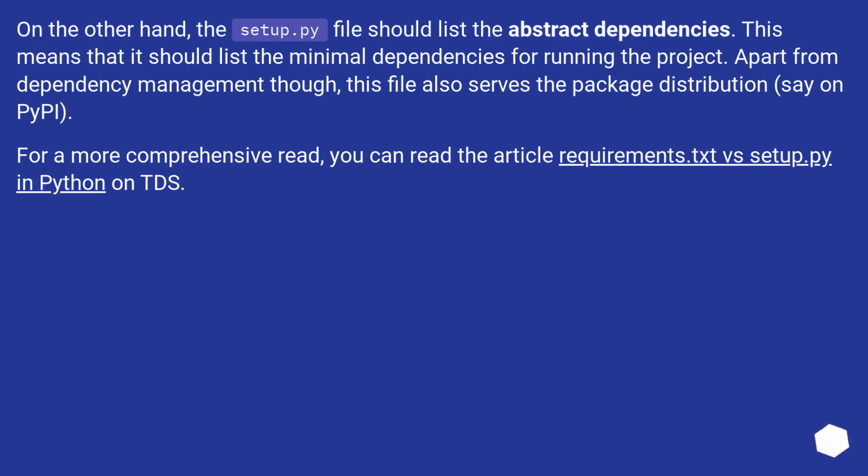This means that it should list the minimal dependencies for running the project. Apart from dependency management though, this file also serves the package distribution, say on PyPI. For a more comprehensive read, you can read the article Requirements.txt versus Setup.py in Python on TDS.